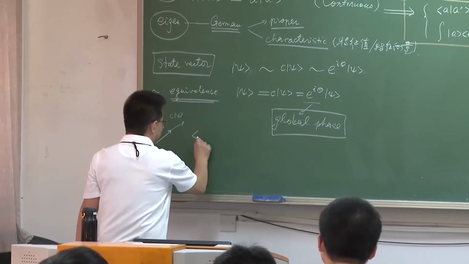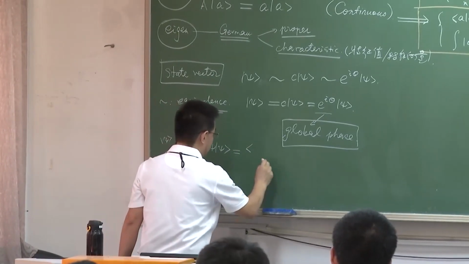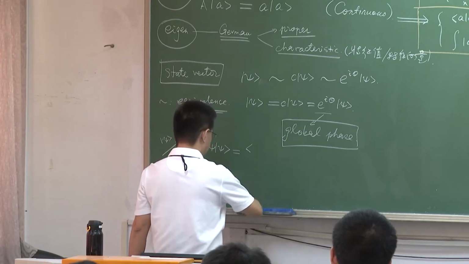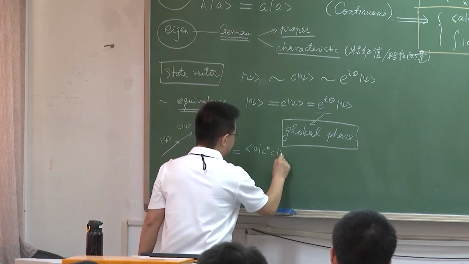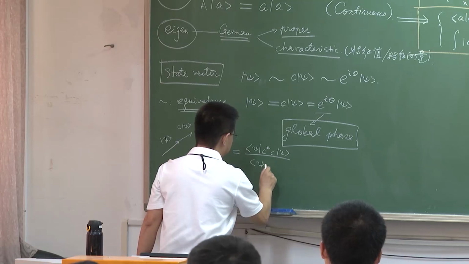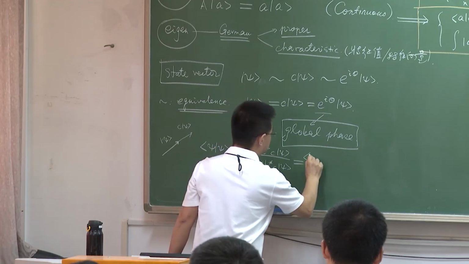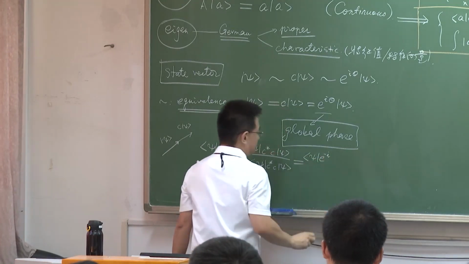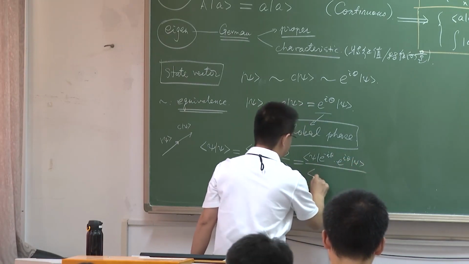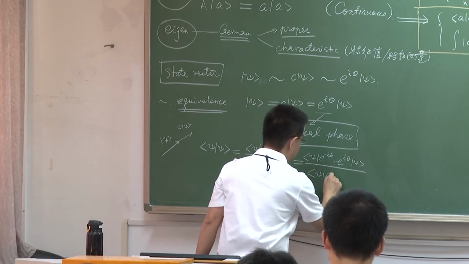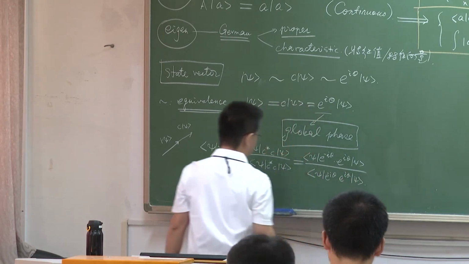So we'll see that psi is equal to c psi over this c, and it's equal to psi e^{-i theta} psi, right?